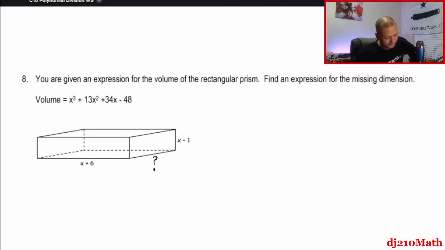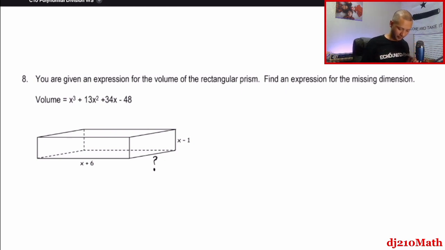Okay. So we said that volume is length times width times height. How can we use that? We're given the volume, right? Oh, okay. I see where this is going.